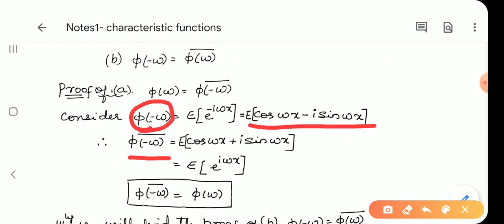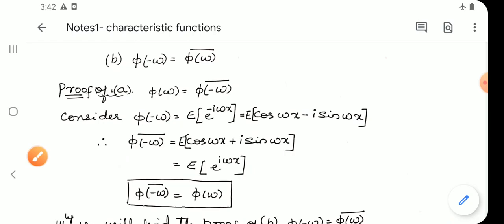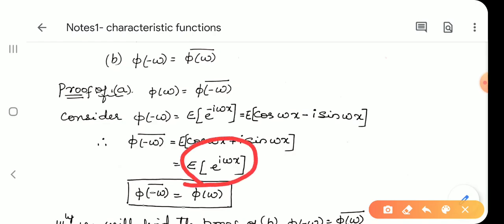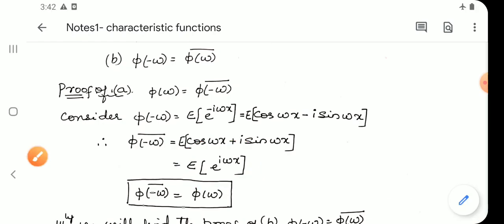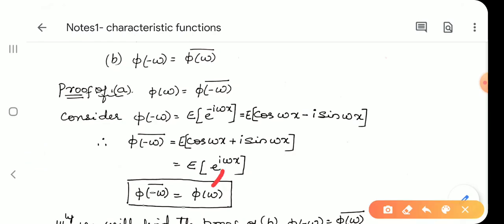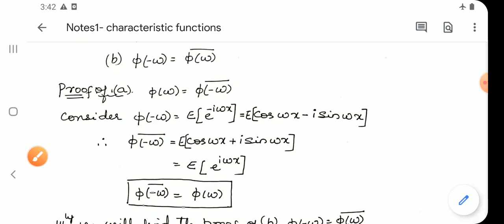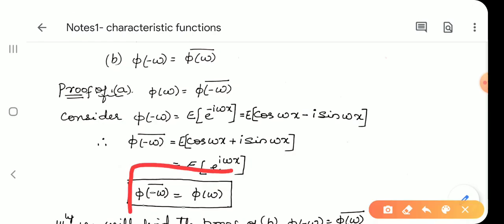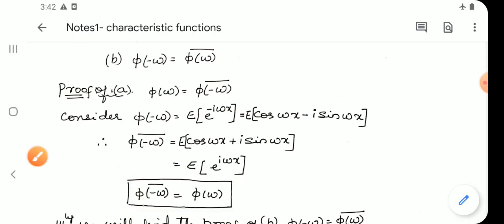So the conjugate of this is expectation of cos omega x plus I sin omega x. This is nothing but the definition of expectation of e to the power I omega x, which is nothing but phi of omega. Hence, we have proved that phi of minus omega bar is equal to phi of omega.